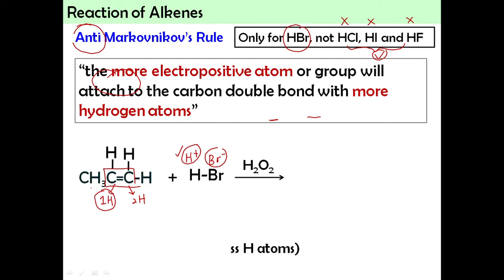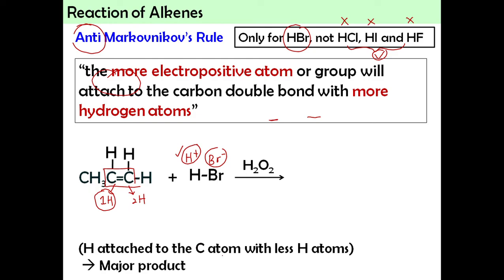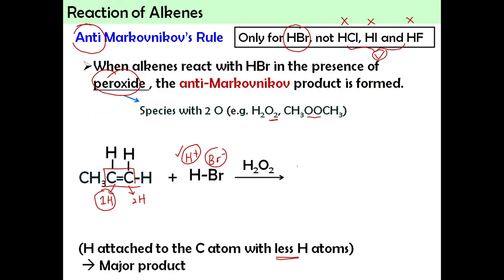Okay, jadi H attached to the carbon atom with less hydrogen atoms is major product. So, only for HBr in the presence of peroxide. Okay, jadi apa produk yang kita dapat? Salin balik benda yang tak terlibat dalam reaction. Okay, double bond dah jadi single bond. And then ada dua single bond yang terhasil.